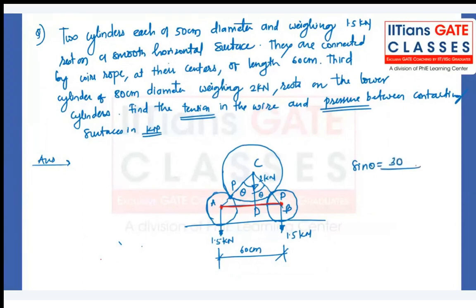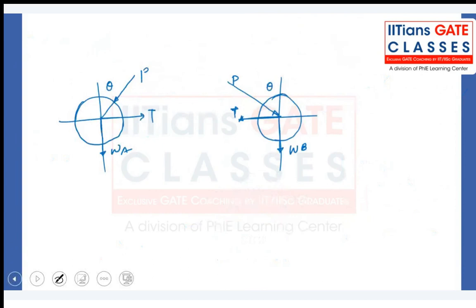Hypotenuse is the sum of the radii of the two cylinders, 25 and 40, right? So theta is equal to sine inverse of 30 by 65, which is 0.462. You will get theta equal to 27.49 degrees. So you got the theta value, and you know at what angle these are acting. So let's call it 27.49, and this is also 27.49.